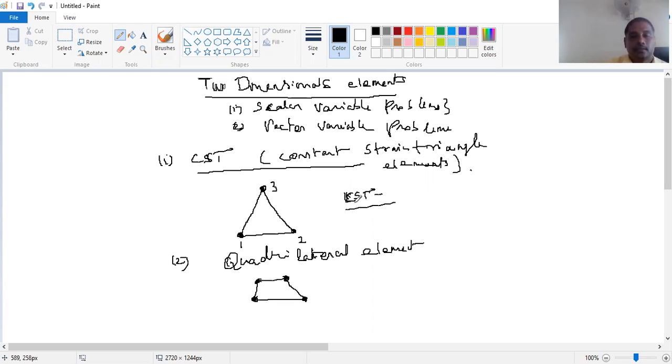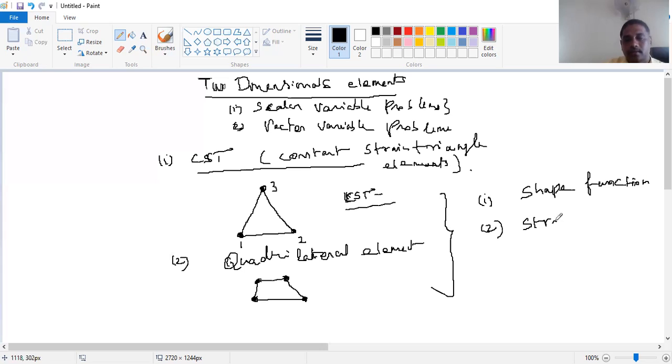As we discussed earlier, there are 3 important parameters we need in finite element analysis. One is called the shape function, denoted in short form as N. Next one is the strain displacement matrix.